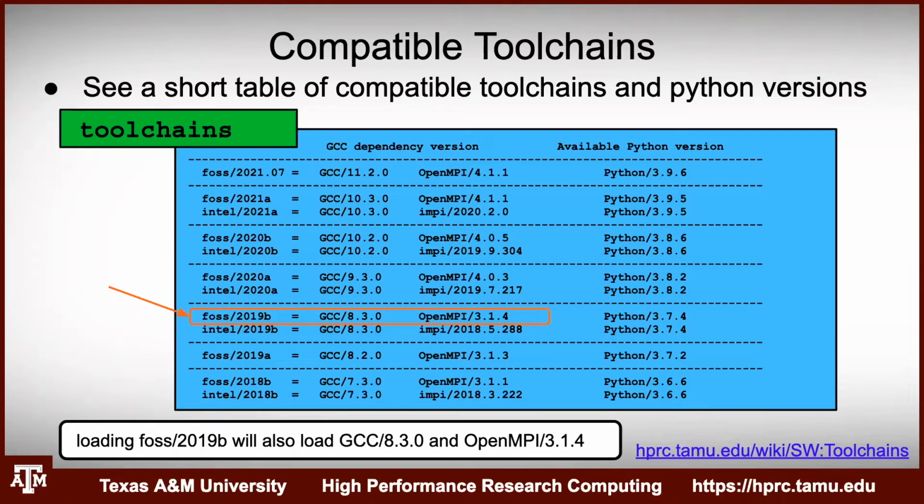So for this, loading FOSS/2019B is also going to load GCC 8.3.0 and OpenMPI 3.1.4. And then it shows over here which version of Python is available within those toolchains. To get a list of toolchains, you'll just need to type this in the terminal. So everything in the green blocks today is something that you can type in the terminal.